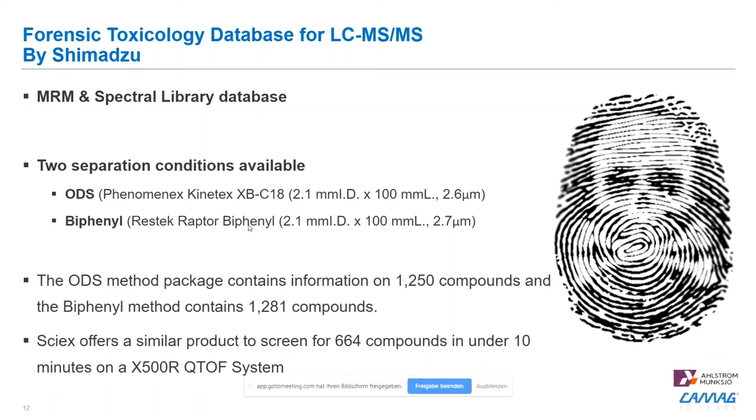The ODS method package itself comes with information for up to 250 compounds, and the biphenyl method contains up to 1281 compounds, which can be screened within one run. Some of these compounds are overlapping between the 2 methods. Nowadays, SCIEX also starts to offer a similar product to screen for 664 compounds in under 10 minutes on a QTOF system.